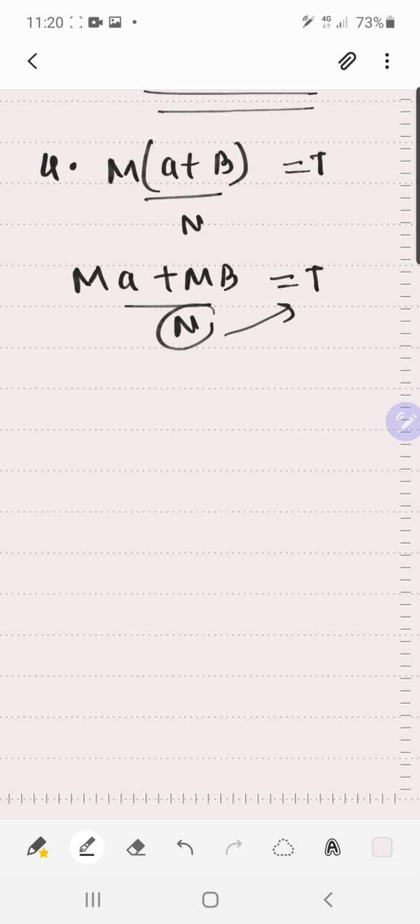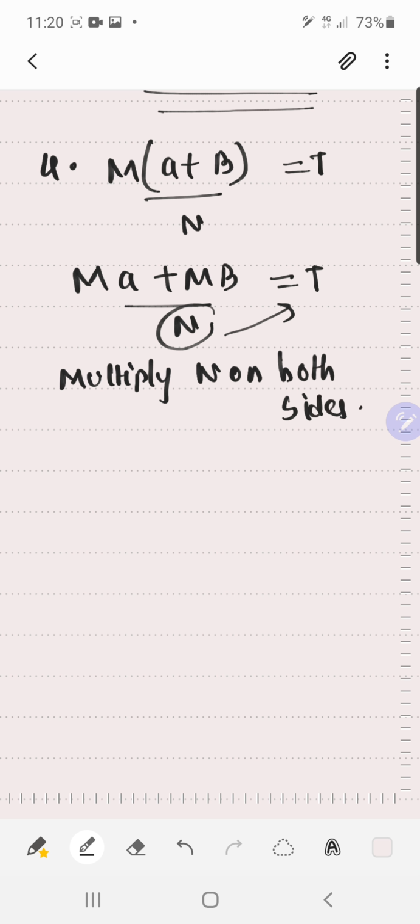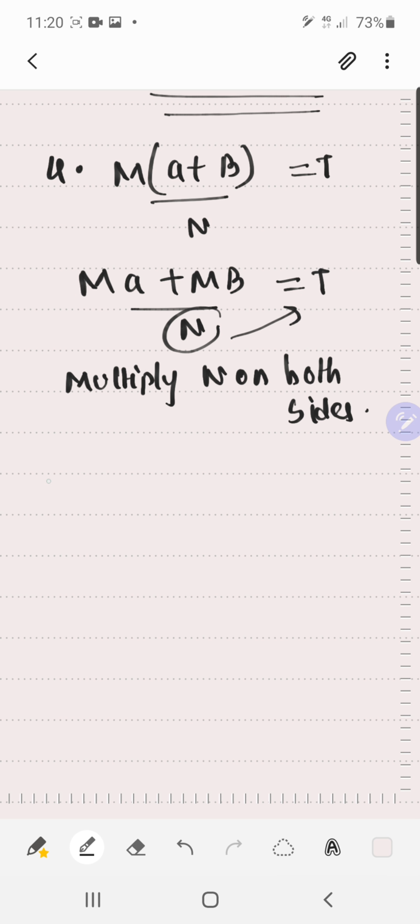This is the transposing method which we can do directly, but as per your schools you have to do the lengthy method, like you have to multiply N on both sides, so that N is eliminated from the left hand side. So we will write MA plus MB upon N into N is equal to T into N.